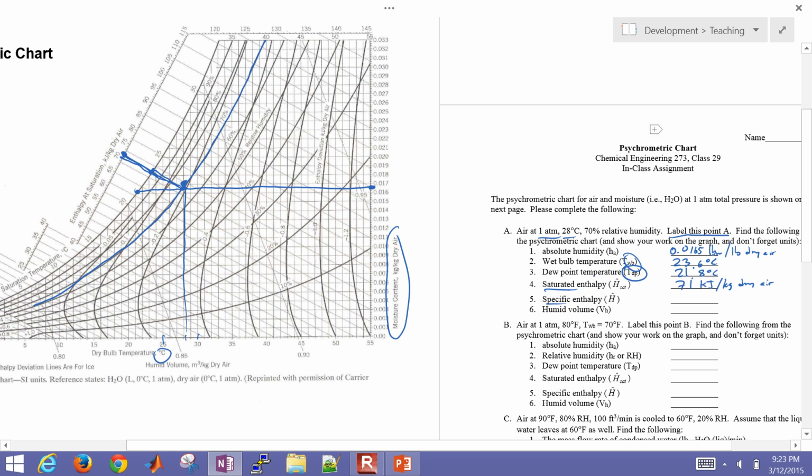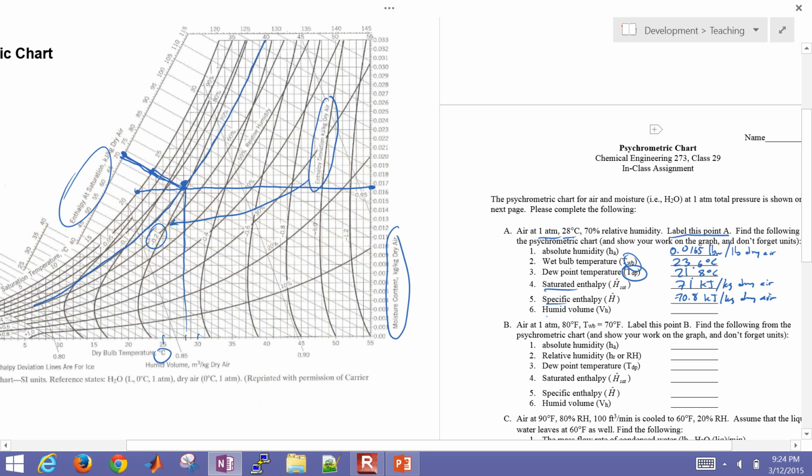If we want to get that, we have to subtract this deviation right here. That was enthalpy at saturation, but to get the specific enthalpy we also have to add this, but it's a negative number. So we'll take away about 0.2, so that's going to be 70.8 kilojoules per kilogram dry air.